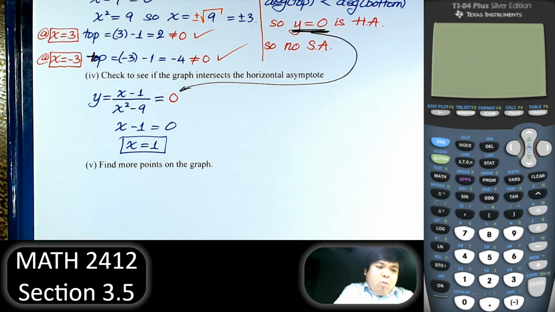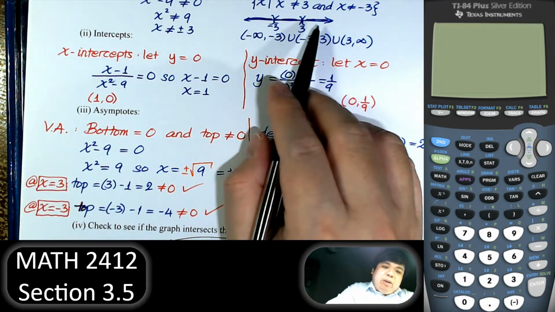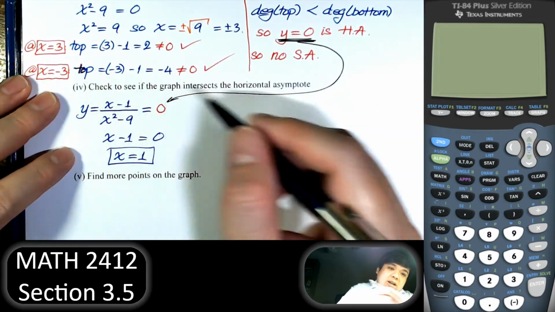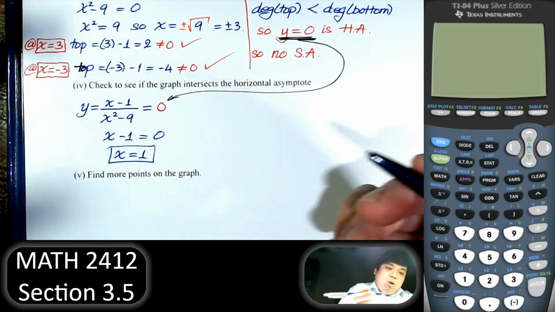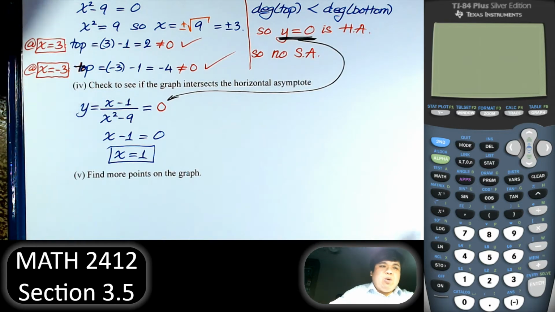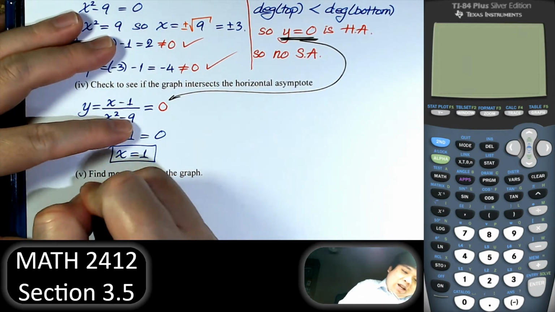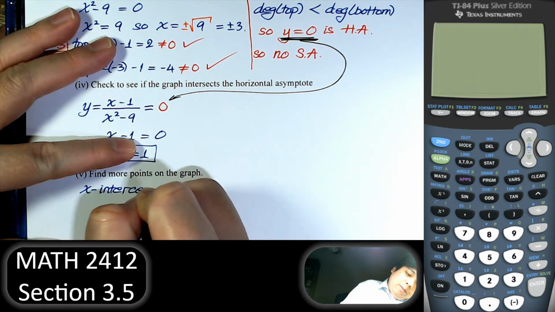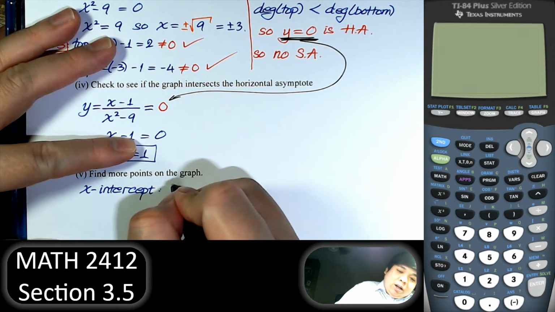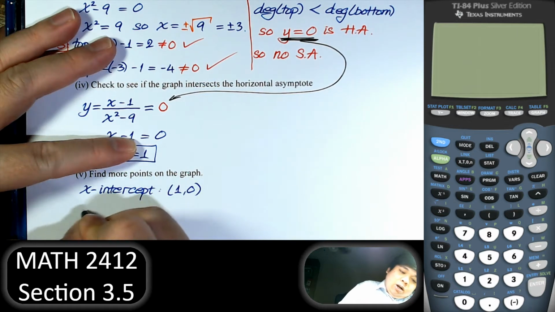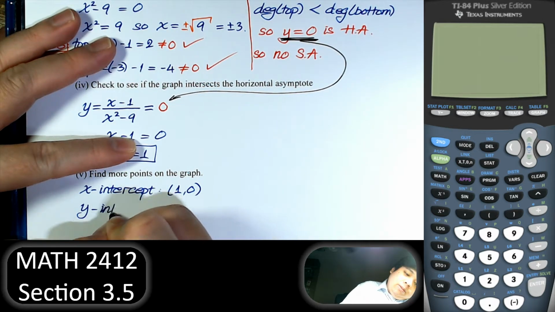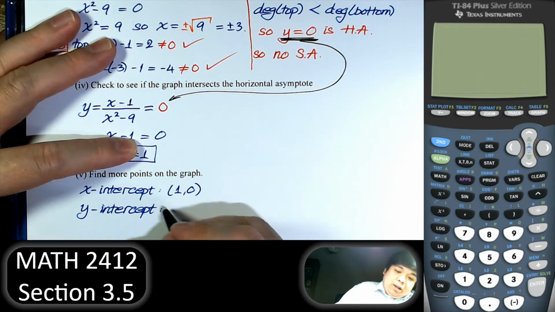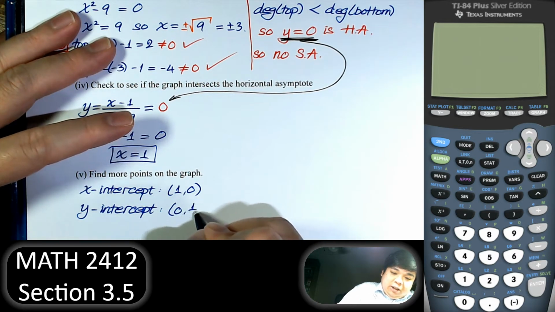Now, check a few more points. We know that at -3 and 3, it is undefined. So let's list all the points we have. The x-intercept is 1 and 0, the y-intercept is 0 and 1 over 9.